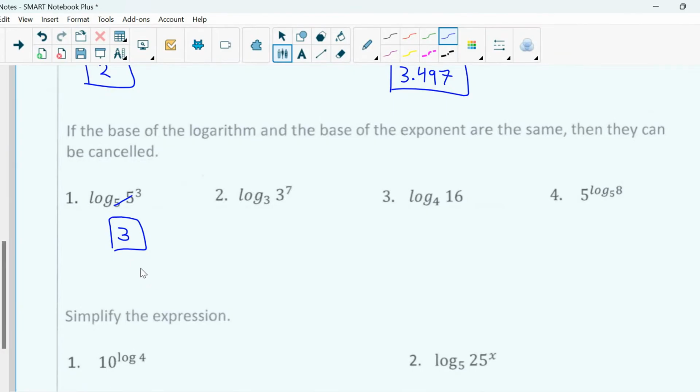In a case like number 3, we could rewrite 16 as an exponent with a base of 4. So I could rewrite number 3 as log base 4 of 4 to the second power, because 4 to the second power is the same thing as saying 16. At this point, both your exponent and your base will cancel, leaving me with my solution, which is 2.